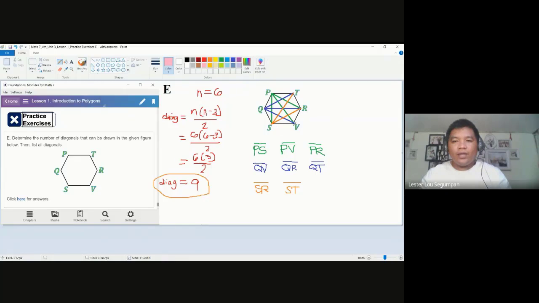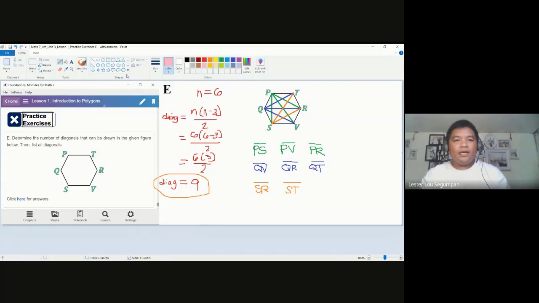We are not going to start with V. If we talk about vertex V, vertex R and S are not possible anymore because they are the consecutive vertices to vertex V. VQ is already given by QV and VP is already given by PV.